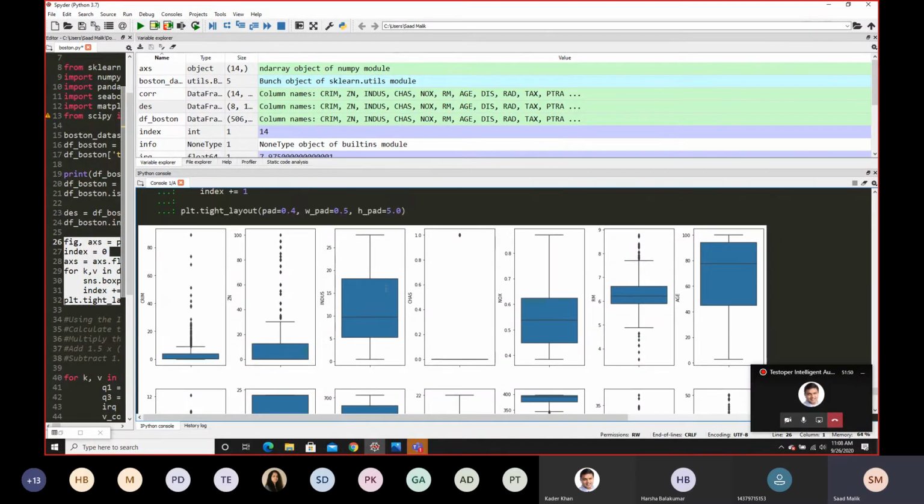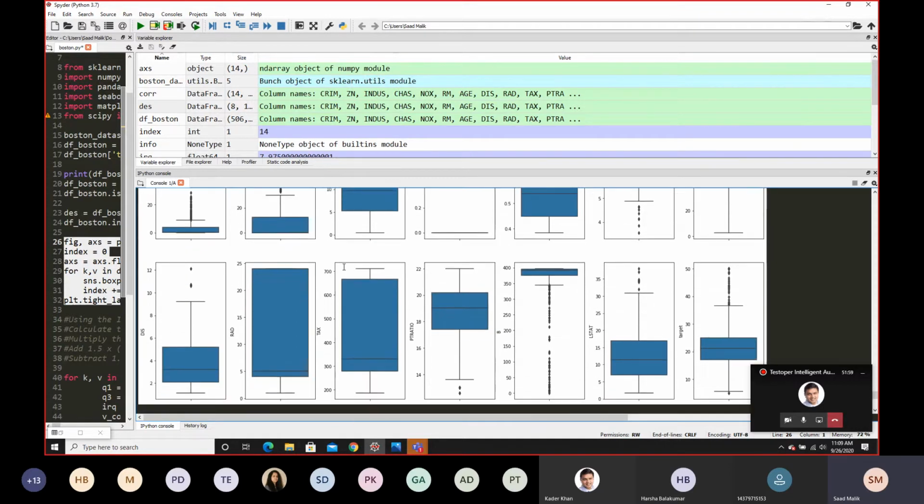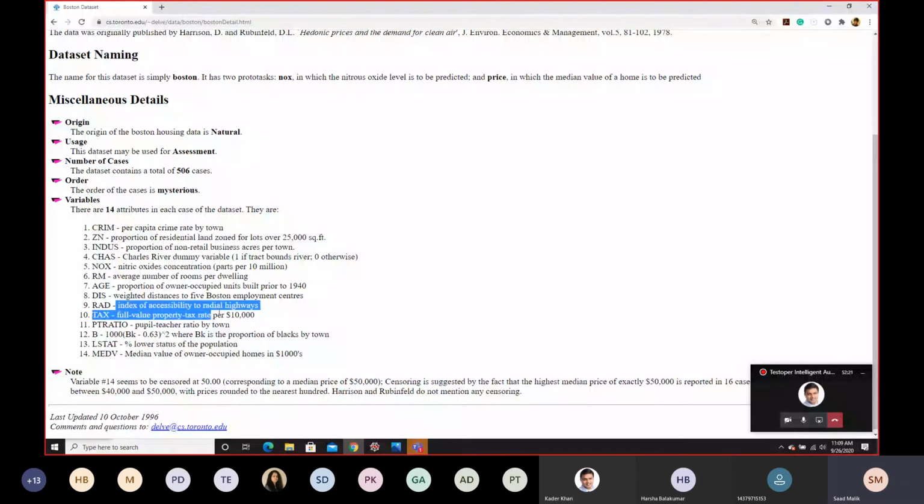You can see this is the interquartile range over here, and then you have values that are obviously exceeding it. So you can get a sense of the spread of the values using subplots. All you're doing right now is not changing the data, you're just getting an understanding of the numbers and values you're dealing with. For example, with RAD, you have a very wide spread. This is an index of accessibility to radial highways.